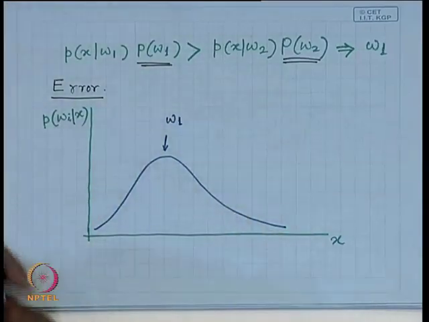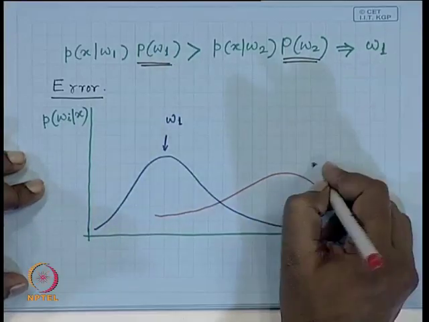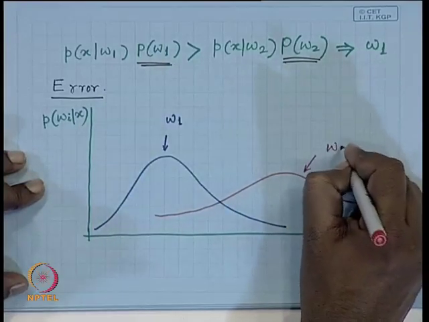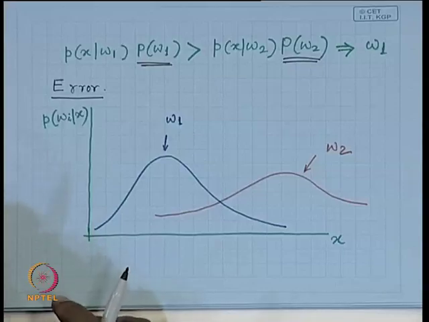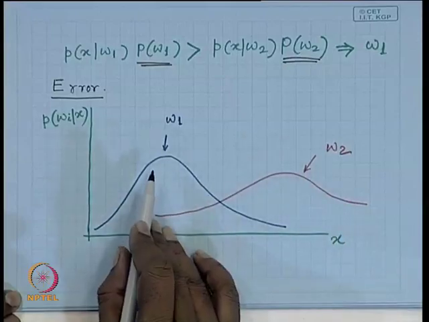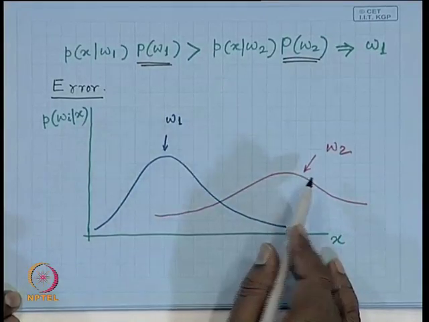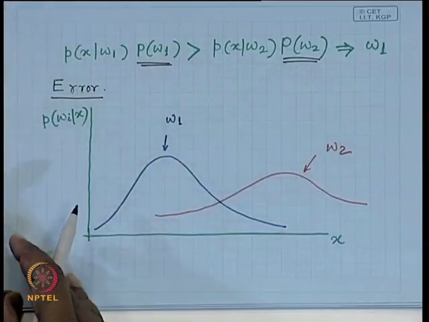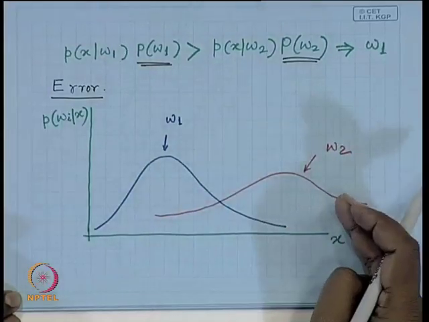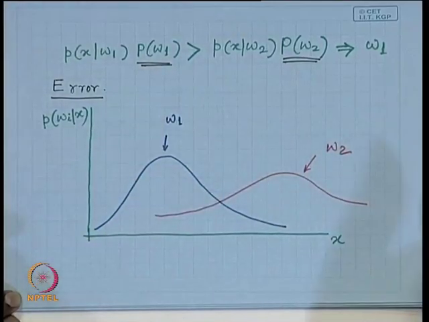Okay. Similarly, this is for omega 2, that is p of omega 2 given x. Is that okay? So, over here my decision rule was whenever p of omega 1 given x is greater than p of omega 2 given x, I decide in favor of class omega 1, and when p of omega 2 given x is greater than p of omega 1 given x, I decide in favor of class omega 2.